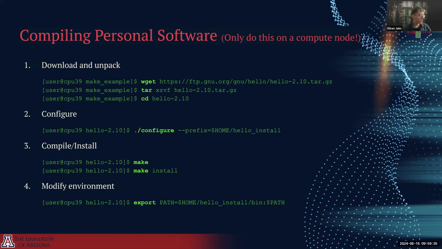And as another note, I'm realizing I forgot to add a slide on this, so I'll just talk about it. But it is possible to also install software by using a package manager like pip, right? If I'm trying to install a Python package, I can do that in my own personal directories. We don't need to install a different module for each Python package.